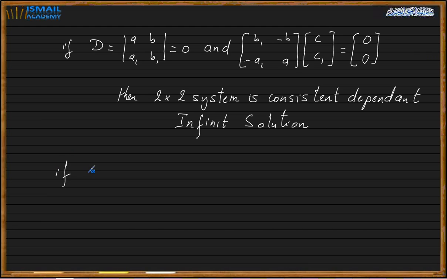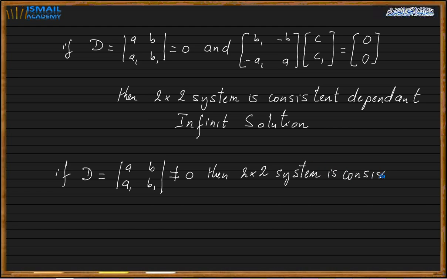And the third case, if the determinant of the coefficient matrix is not equal to 0, then I don't have to check that case. The 2 by 2 system is consistent and independent.